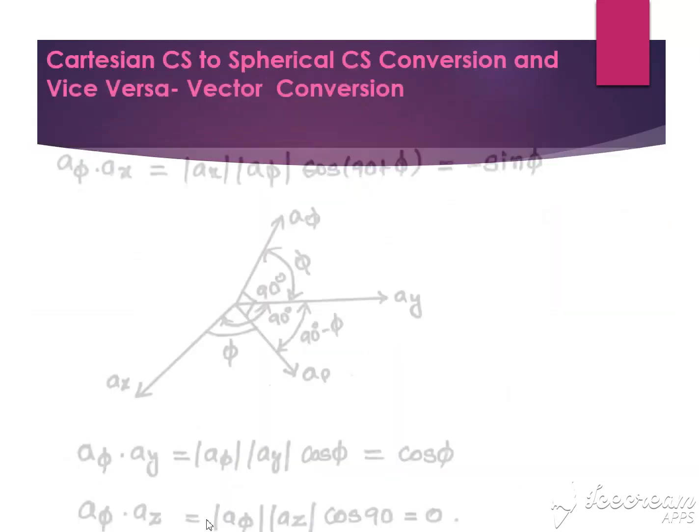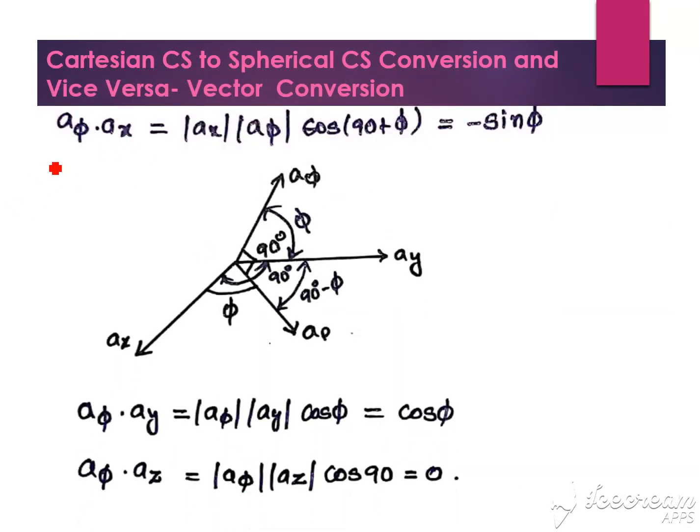Then the last row, we need to find a phi dot ax. So a phi dot ax can be written as mod of ax, mod of a phi into the cosine of the angle between x and phi. What is the angle between x and phi? Already we know the angle between x and y is 90. So here we have the angle phi.